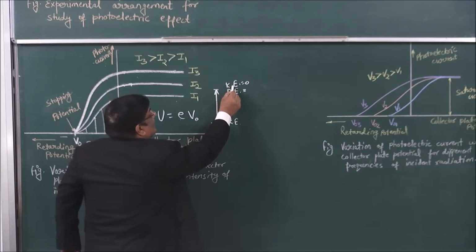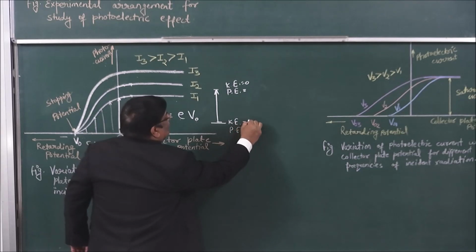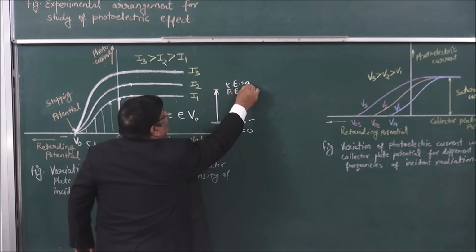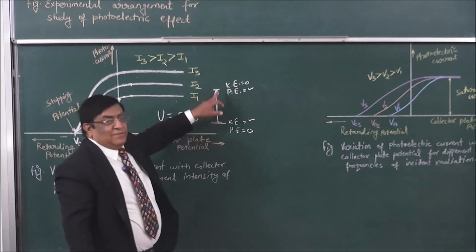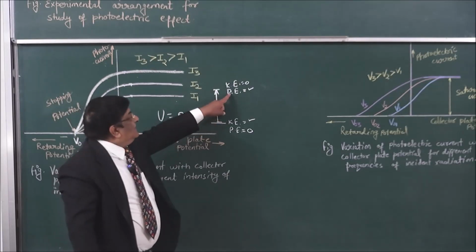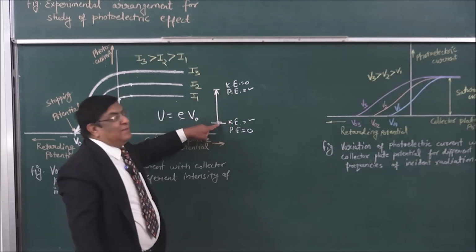Their sum is the same, whatever the sum is here. Here kinetic energy is 0 and the full energy is potential energy. We have studied this in the gravitation chapter, that the potential energy here is equal to the kinetic energy here.